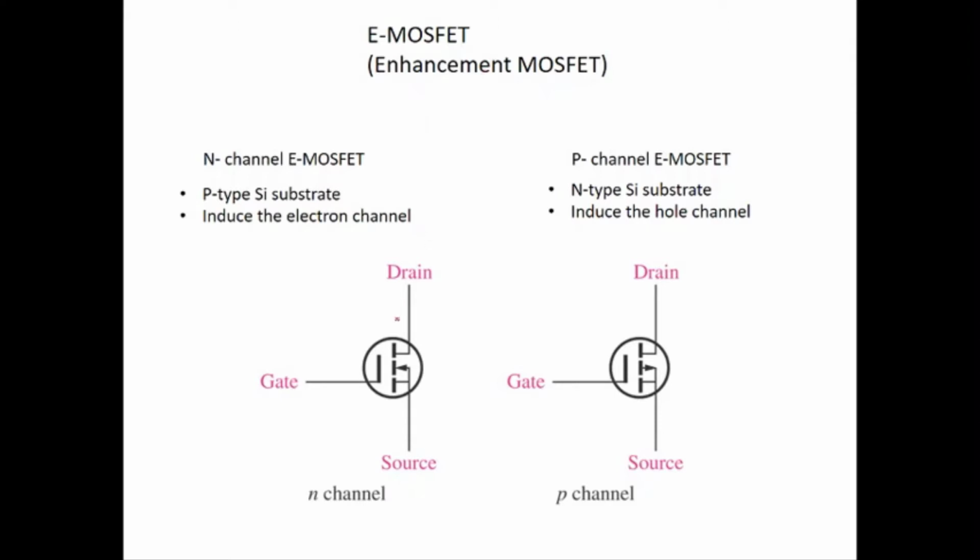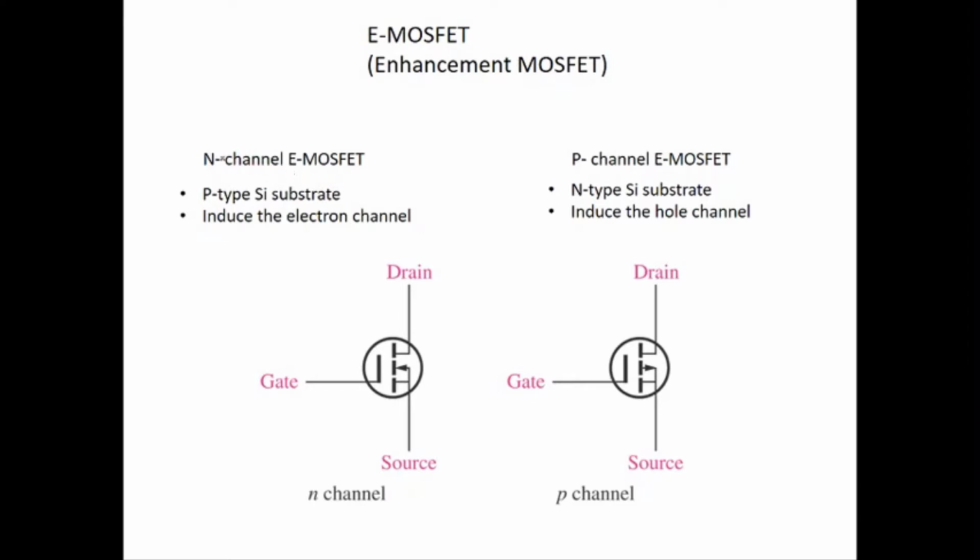Okay, so this is the revision of what we have learned in the previous class. For the EMOSFET, E stands for enhancement. The enhancement MOSFET can be divided into two types. The first type is the N channel EMOSFET, and the second type is the P channel EMOSFET. What is the N channel EMOSFET?